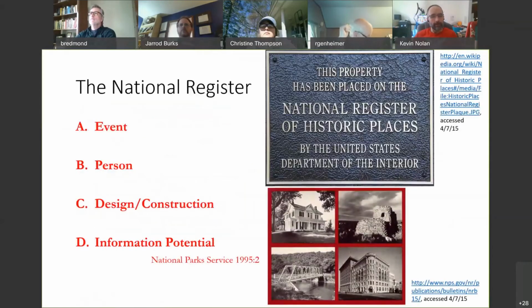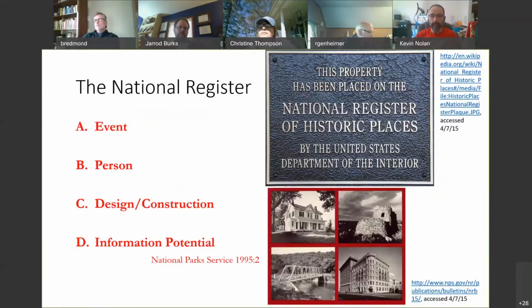As most of you, at least on the WebEx, know, there are 4 criteria for evaluating eligibility for the National Register of Historic Places: A, B, C, and D. Most archaeology ends up defaulting to criterion D, information potential, although archaeological properties and sites are eligible under the other criteria as well.